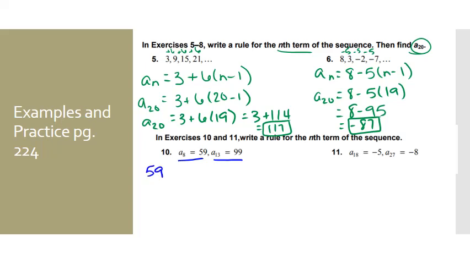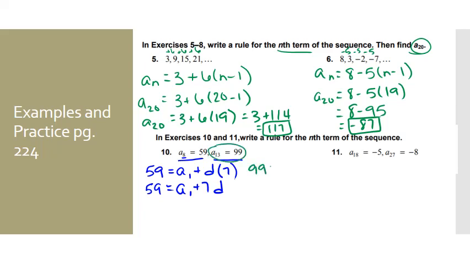So 59, which is a sub 8, is equal to a sub 1 plus d times 8 minus 1, which would be 7. So this formula is 59 equals a sub 1 plus 7d. And then what we're going to do is set up the same thing for a sub 13.